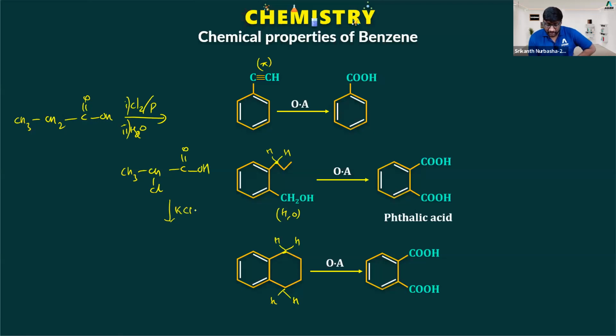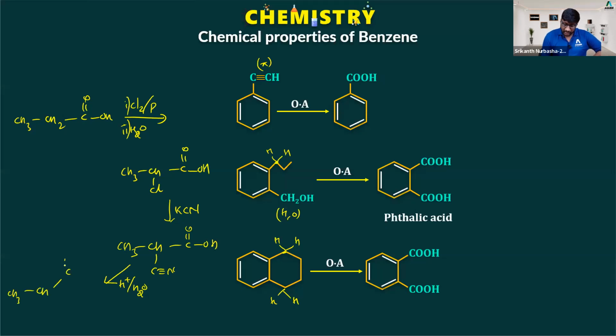Can I treat this with KCN? You can generate CH3CHCN COOH, because KCN produces K+ and CN-. Can I do acidic hydrolysis? Acidic hydrolysis of cyanides produces CH3CH(COOH)COOH, a 1,3 dicarboxylic acid.